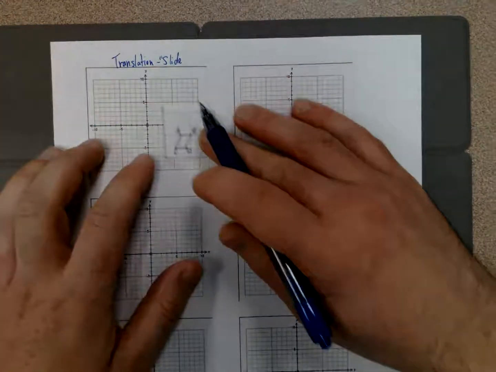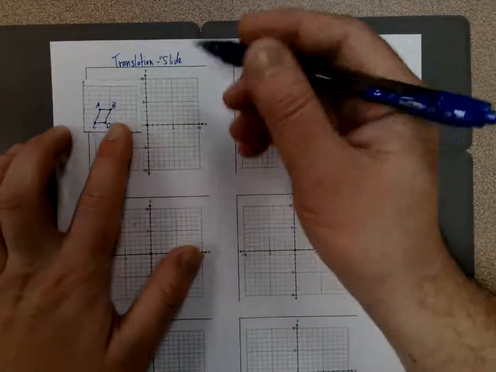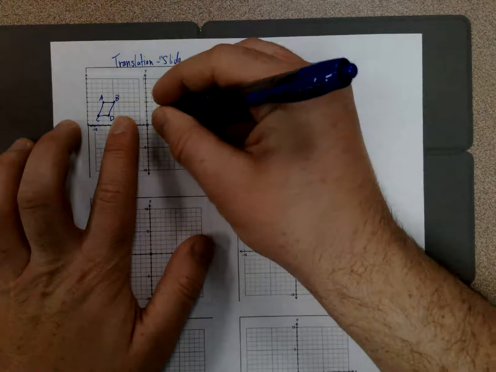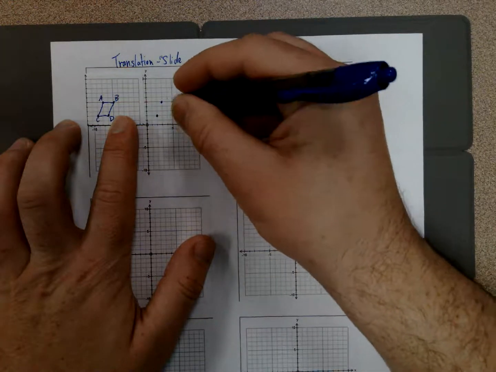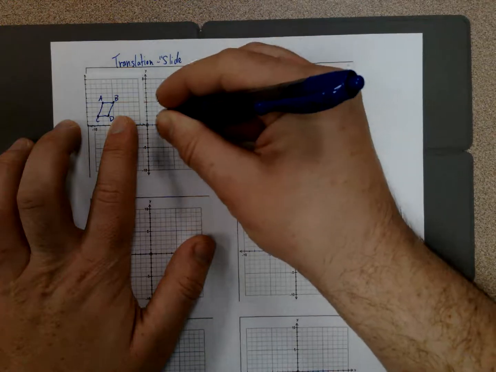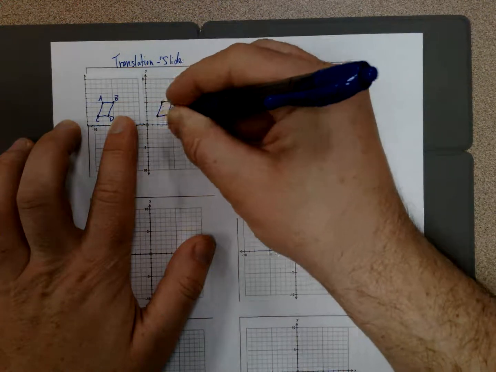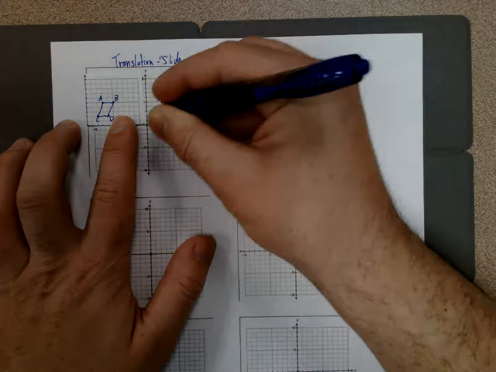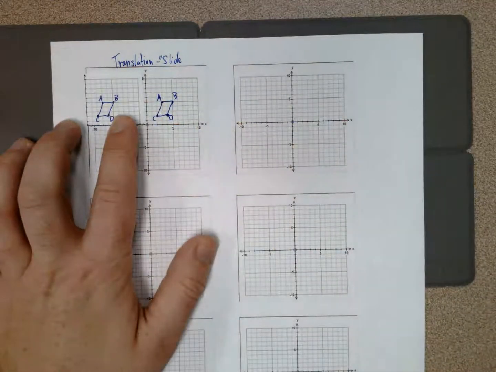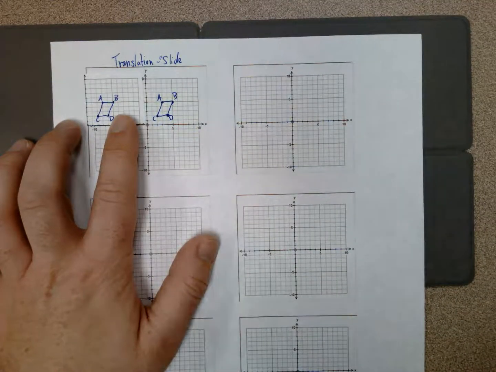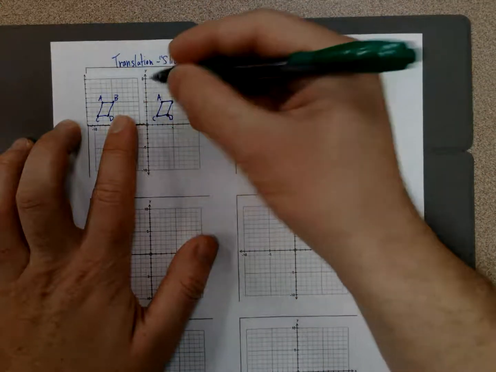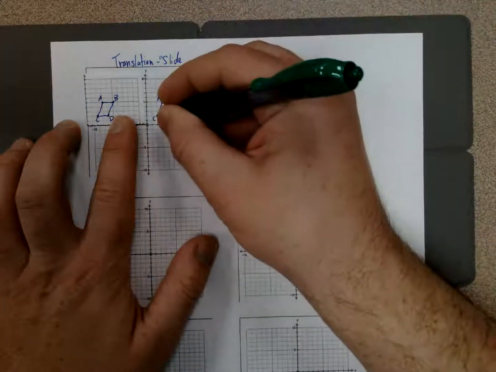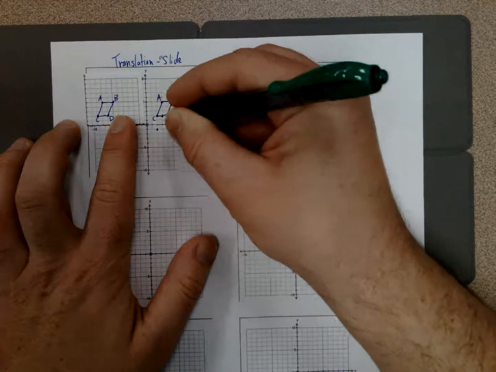So our original one, let's put it on our permanent graph here, A, B, C, D. If I shift it down 3, I'm taking each of those points and going down 3. The whole thing is sliding down 3, hence sometimes known as a slide. So that would be here.